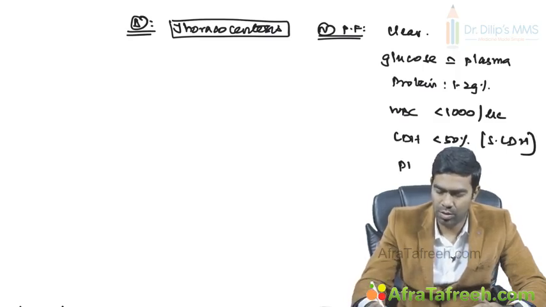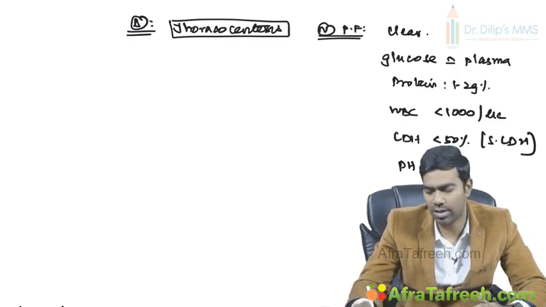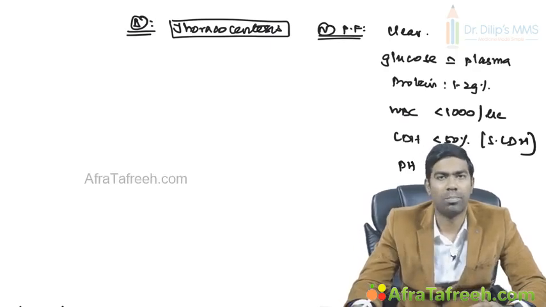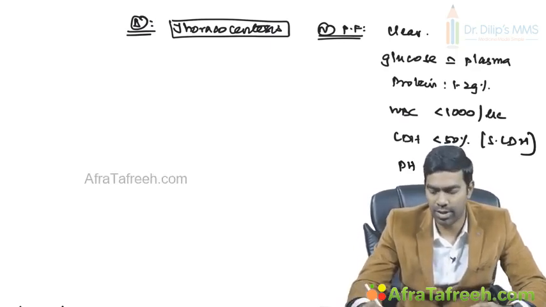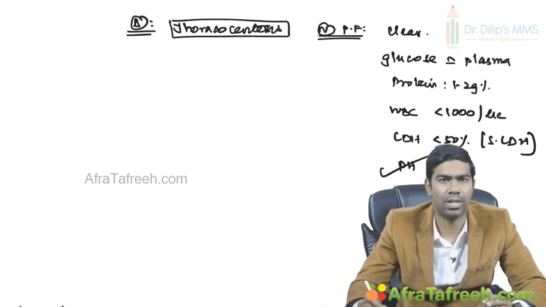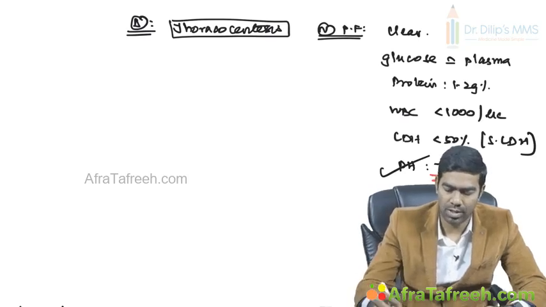Then the pH should be 7.6. Remember, the pleural fluid is alkaline. This fact I told you in the parapneumonic effusion in the pneumonia chapter itself, where a pH less than 7.2, acidic pleural fluid, is an indication for putting a chest drain. Clear? So these are the normal pleural fluid characteristics.